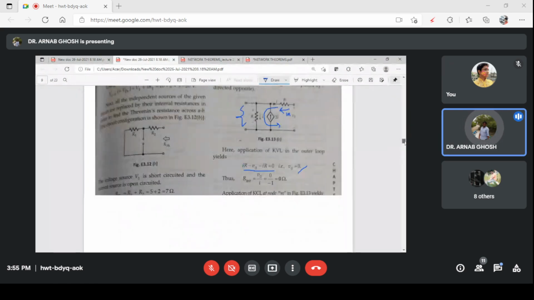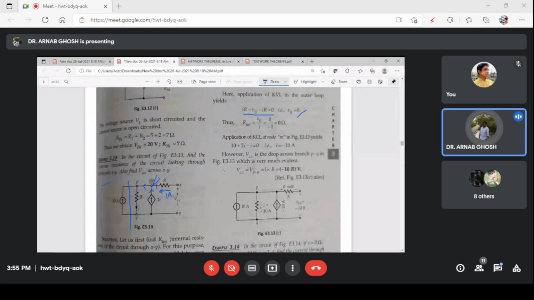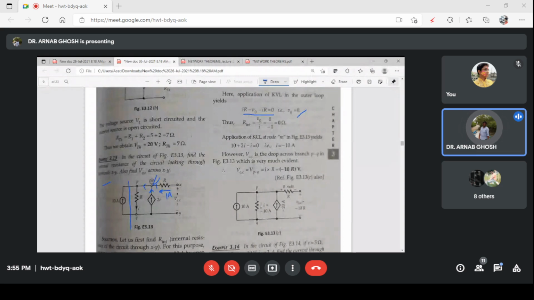The initial current. We are connecting this 10 ampere. Now this R value has not been given to you. So we have connected this 10 ampere source now here.